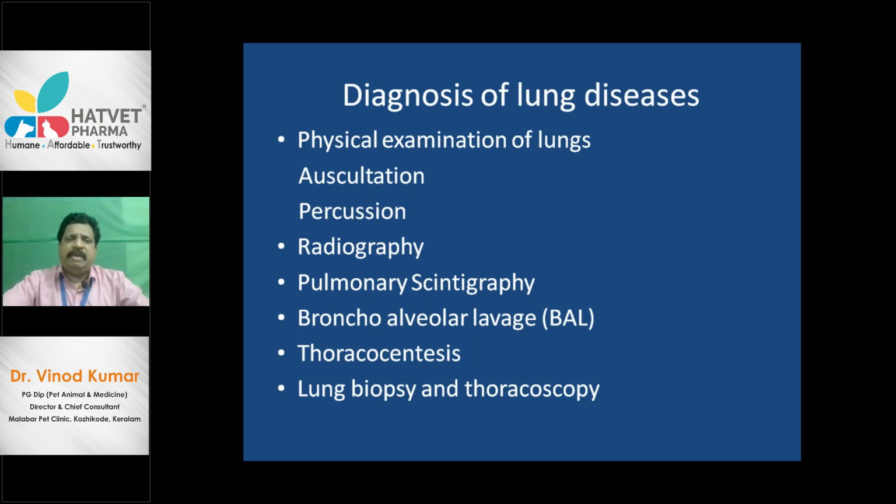Then the bronchoalveolar lavage. Bronchoalveolar lavage means we anesthetize the patient. It is having a chronic cough, and we do not know what exactly the disease is. So what will we do? We introduce the endotracheal tube and anesthetize the patient.